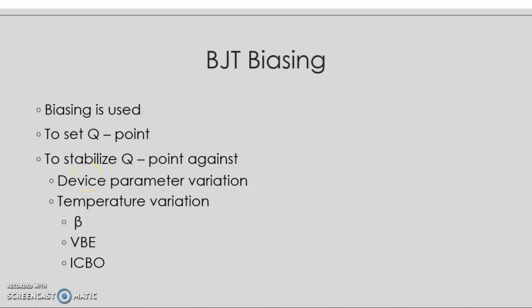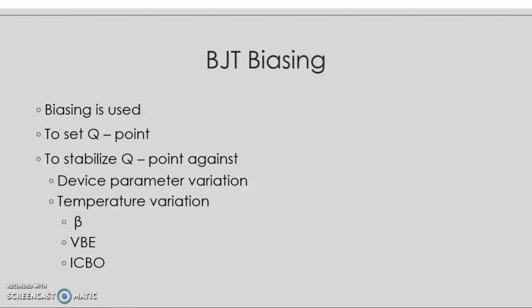If temperature varies, these parameters vary, and hence your IC and VCE values vary, that is, the Q point. So the Q point can shift to saturation, to cutoff, or within the active region only. But that variation is not allowed, because it can reduce your maximum output voltage.